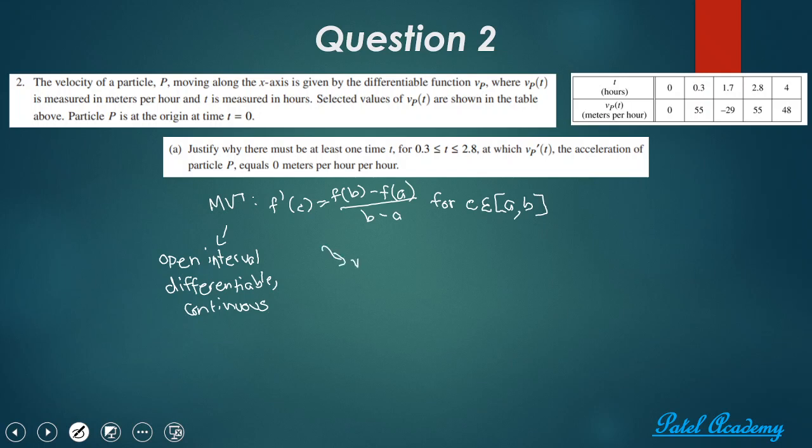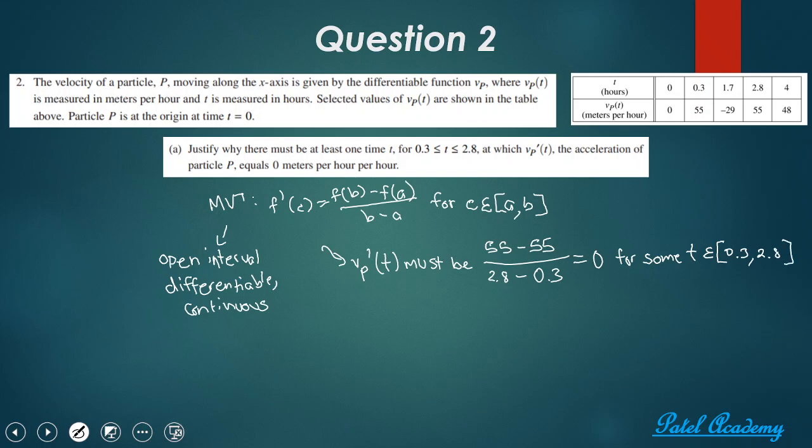So we say that v sub p prime at t must be f at 2.8, so our b value is 2.8, so that's 55, minus f at 0.3, which is 55, over my b, which is 2.8 minus 0.3, which should go to 0, for some t in this interval, 0.3 to 2.8.